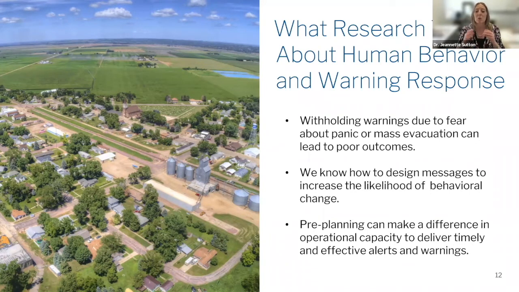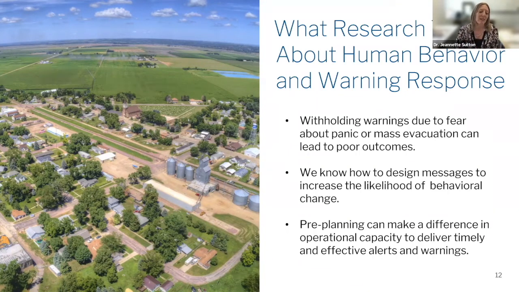But in regards to warnings, this is actually a reason to send your warning earlier rather than later. The sooner people can make a decision to respond and take action, the sooner they can get out and clear the roads for those who decide later, which are those people who are going to be at greater risk because the risk is more quickly approaching them.